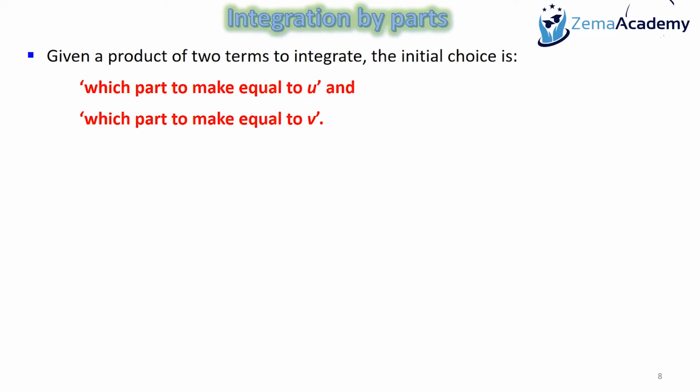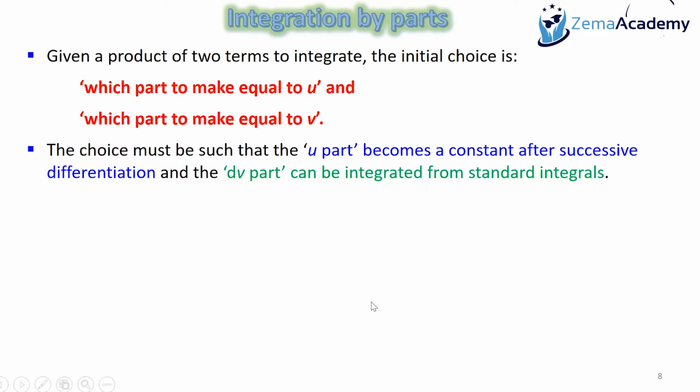Now the question comes: which function should be made u and which function should be made v, because the formula requires u, v, du and dv. So first we need to make a choice to select what should be made u. Okay?